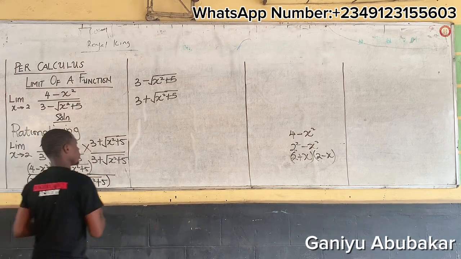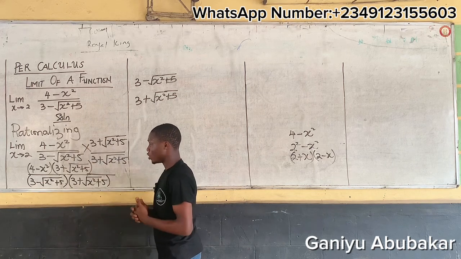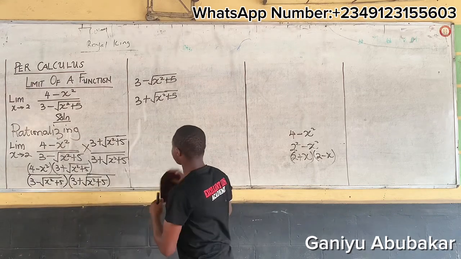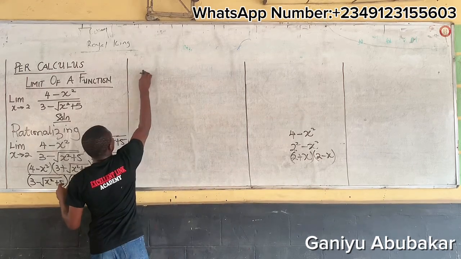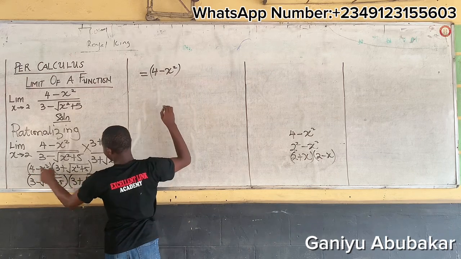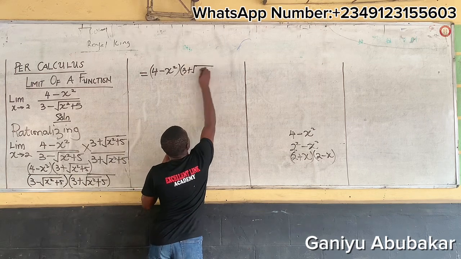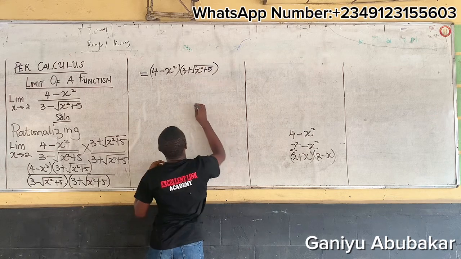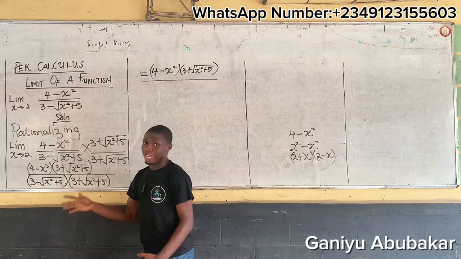At this point now, what's the next task? I'll keep my numerator pending and expand the denominator. On expanding the denominator, I'll have 4 minus x squared into 3 plus root of x squared plus 5, all over this, which becomes your concept under the binomial theorem.